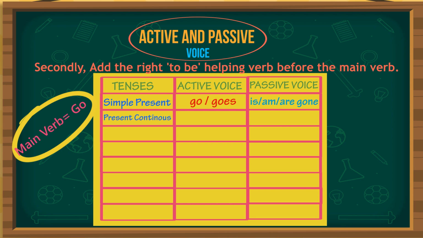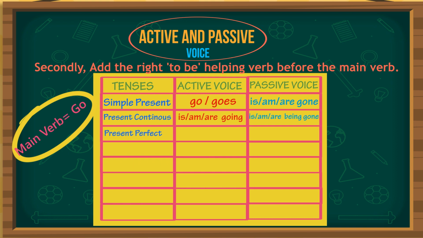For present continuous tense, in active voice, we use is, am, or are depending on the subject, whether singular or plural, and then the present participle going. In the passive voice, we add is or am or are and being, followed by the verb's third form, gone.